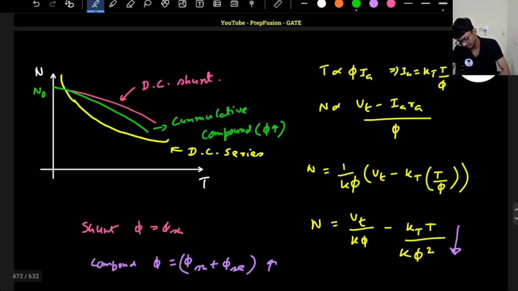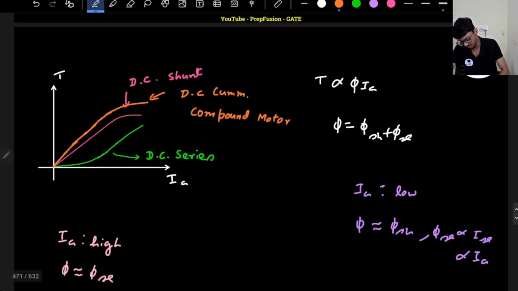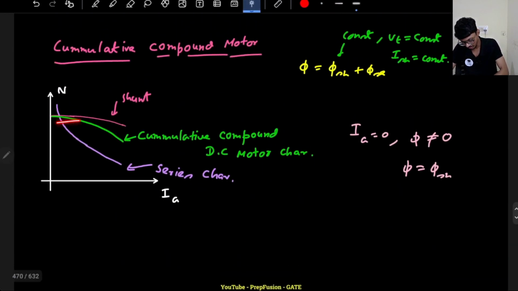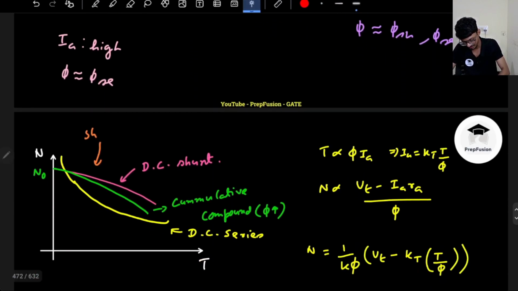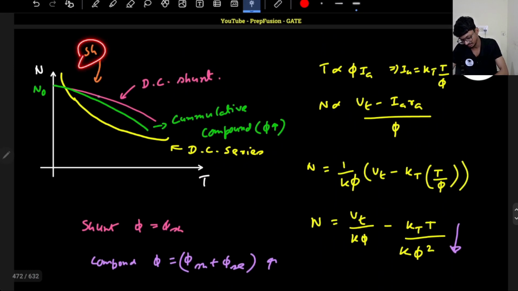An important fact to note here: if I observe the shunt machine, here as well as here, the shunt machine has better speed regulation. Shunt has better speed regulation because the reduction in speed is lower for shunt.